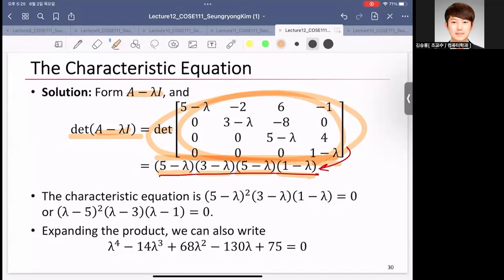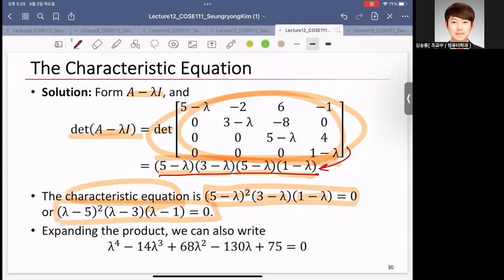In other words, (5 minus lambda) squared times (3 minus lambda) times (1 minus lambda) equals 0. This is our characteristic equation. Then which values make this equation true? Lambda is equal to 1. In this case, lambda is equal to... So which lambda values make this equation true?